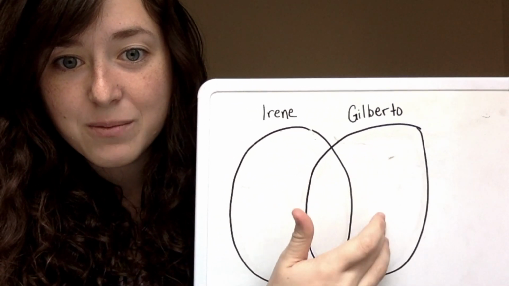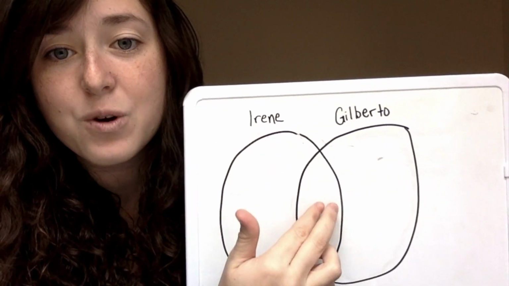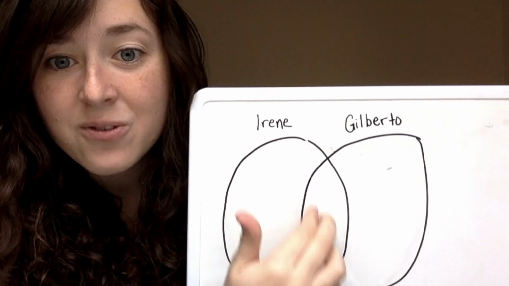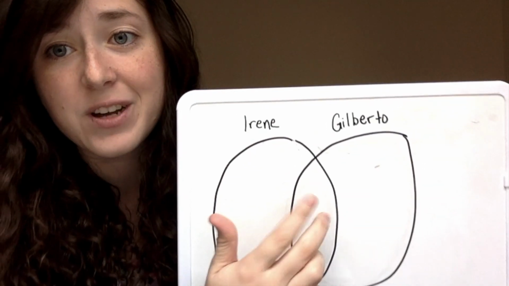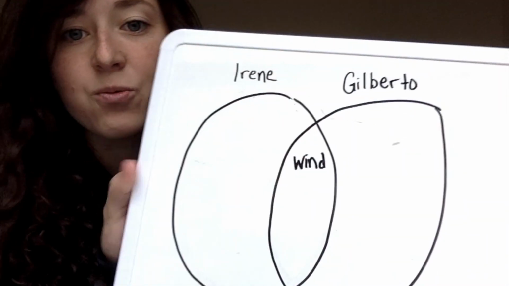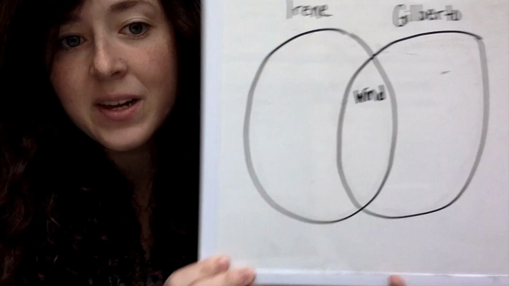So what's different about Gilberto, what's different about Irene, and then we're going to put what's the same between the two of them right here in the middle, this overlapping part, because that's part of both of their circles. So Kipsters, we already said one thing that's the same, and that is the wind. So I'm going to put wind right there in the middle.